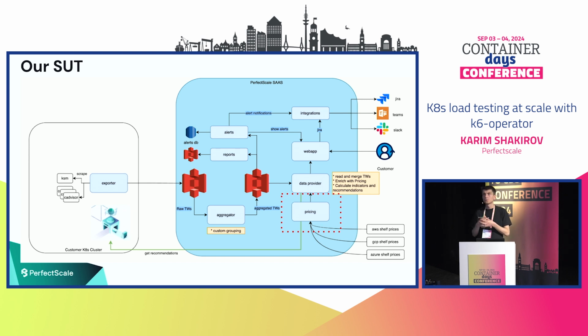And also because we are giving recommendations regarding resource requests and limits for resources in Kubernetes, we also need to gather data from cloud providers about pricing to give precise prices. So we have pricing components which work with cloud providers.